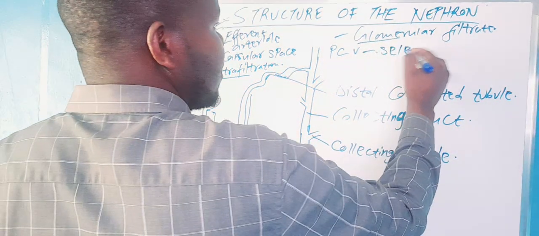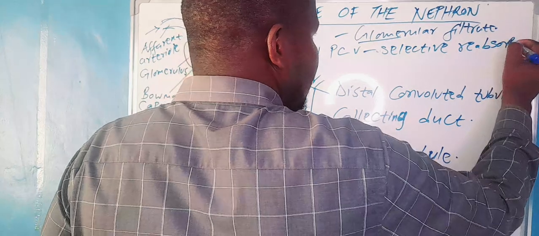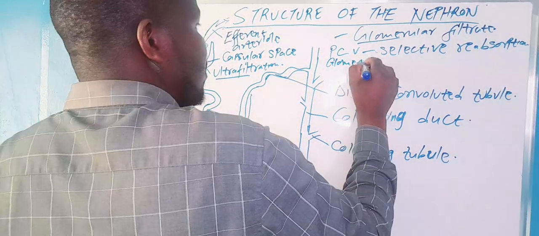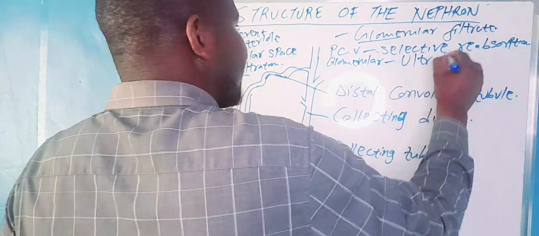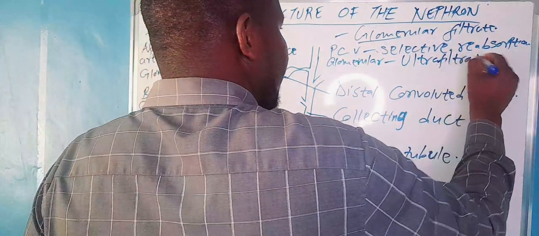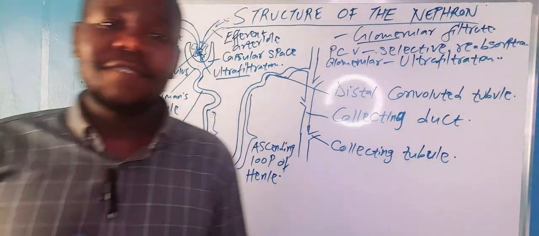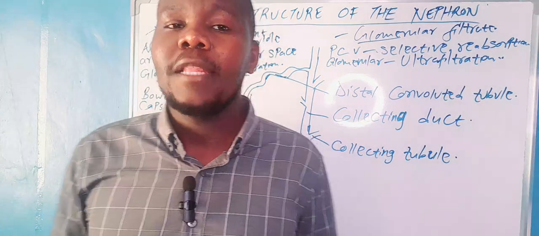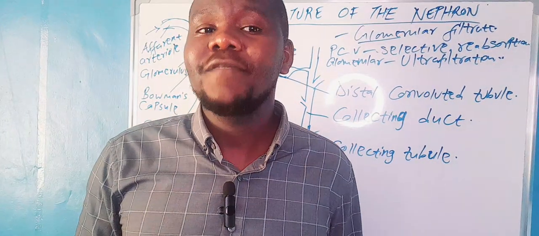Selective reabsorption. At the glomerulus we said we have ultrafiltration. The proximal convoluted tubule has some features: it is highly coiled, to reduce the speed of flow of the glomerular filtrate and give more time for selective reabsorption.